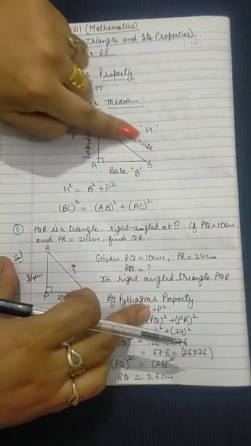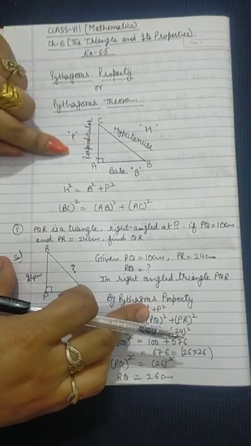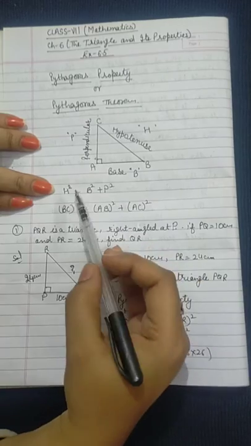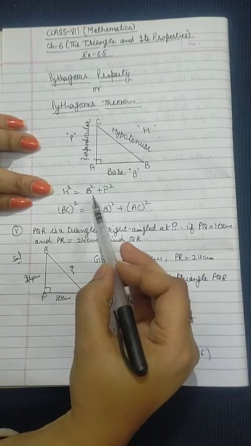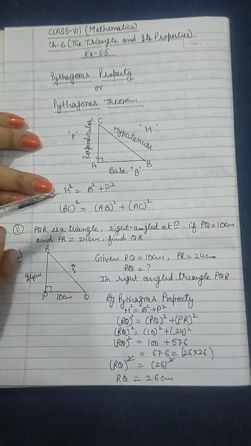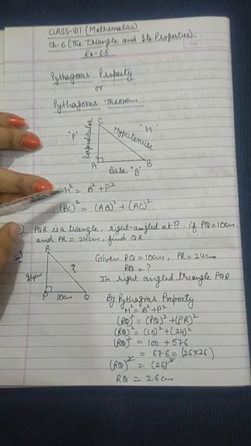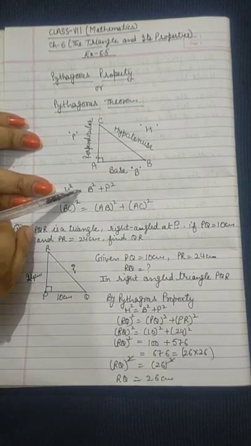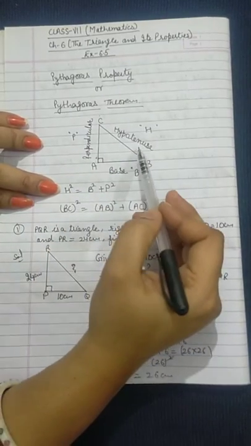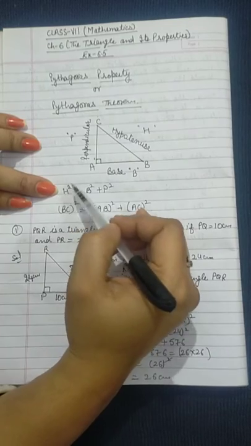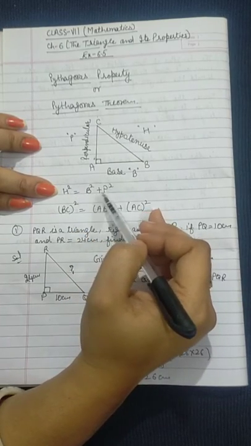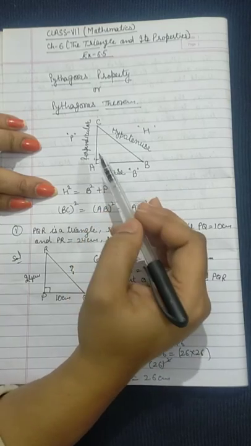After knowing these parts of this triangle, see how to write the Pythagoras property. It is h square equals b square plus p square. I mean to say, the square of the hypotenuse equals the sum of the squares of the other two sides. Here h is the hypotenuse, b is the base and p is the perpendicular.